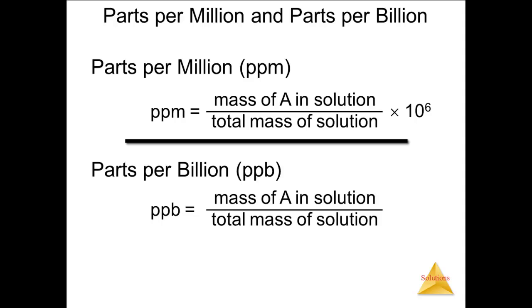For parts per billion, we take the same ratio, mass of solute over mass of solution, and multiply by 1 billion, 10 to the ninth. In recent years, improved testing technology has allowed us to begin to talk about parts per trillion as well, where we would multiply by 1 trillion, or 10 to the 12th. These last three units are used when there are very small amounts of the solute present.